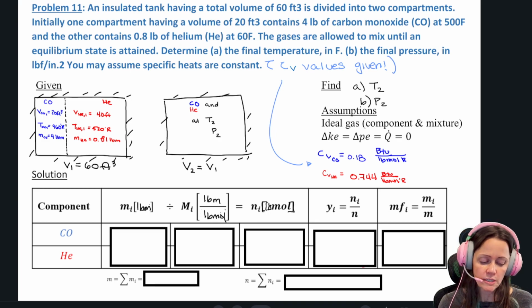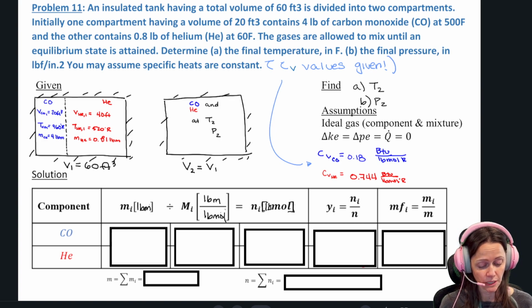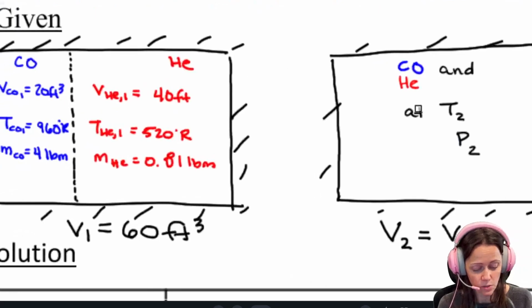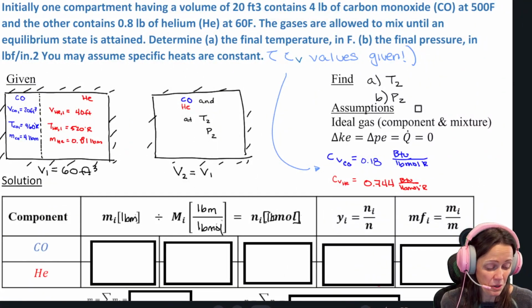So just to keep things simple, I'm going to give you the CV values for each of those. The CV for carbon monoxide that you're going to use is 0.18 BTU per pound mole degree Rankine. I use that because I looked in table A20E and I said, well, I know the temperature is not going to be the average of these two temperatures, 960 and 520, but it's going to be somewhere in the middle.